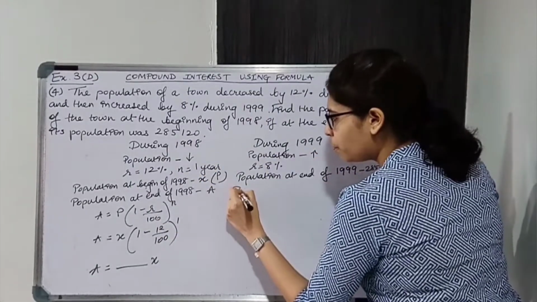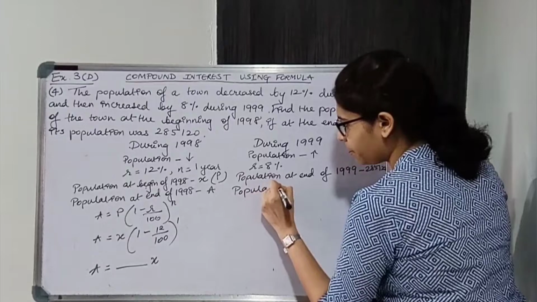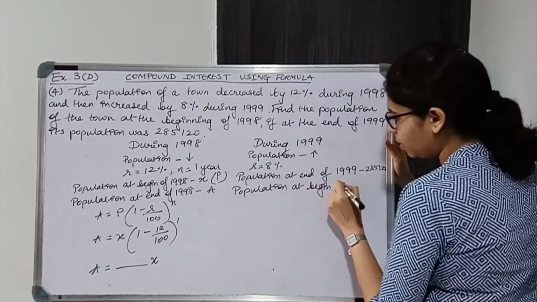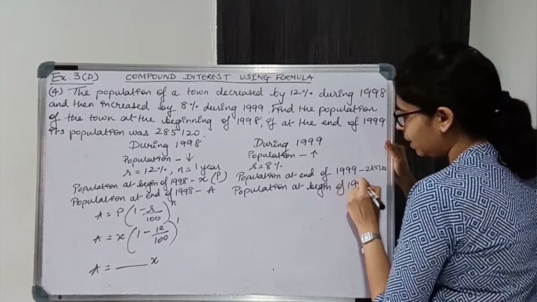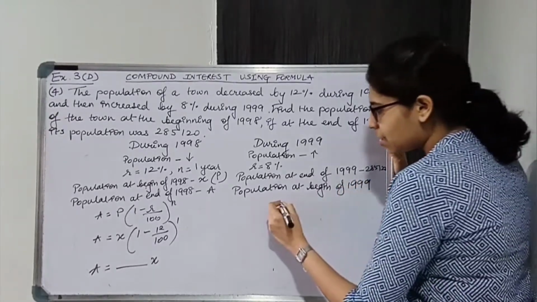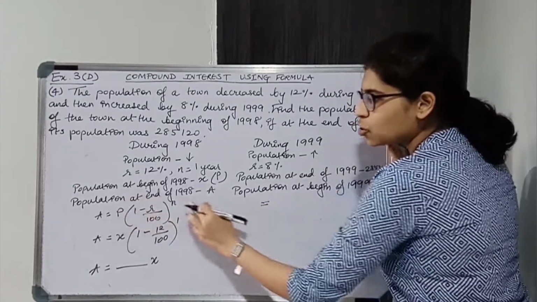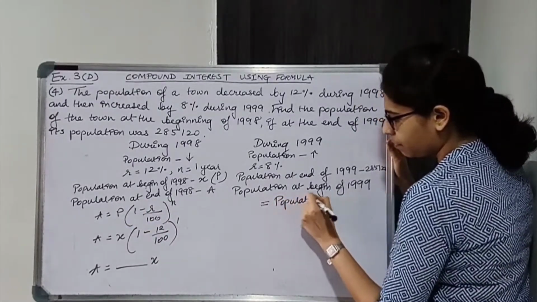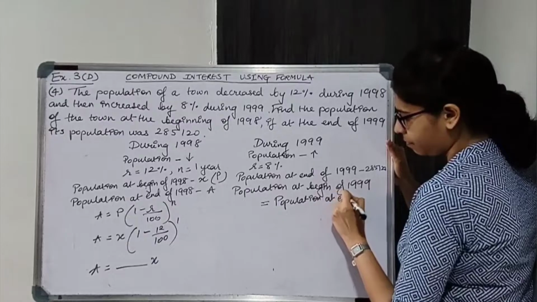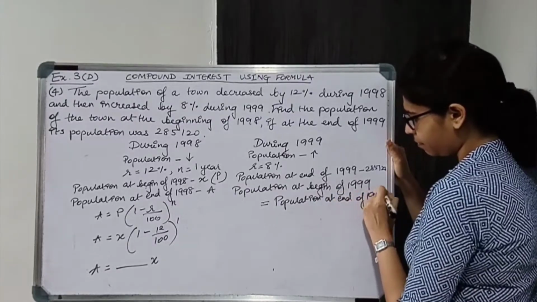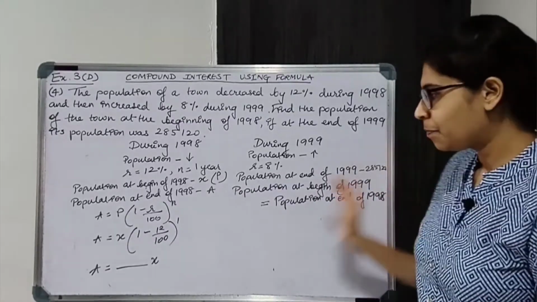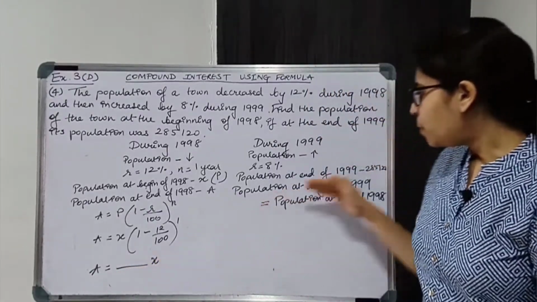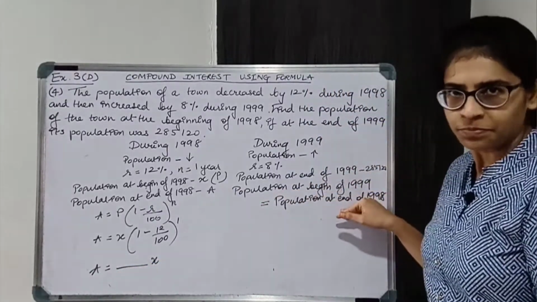So the value that you get over here is the population at beginning of 1999.